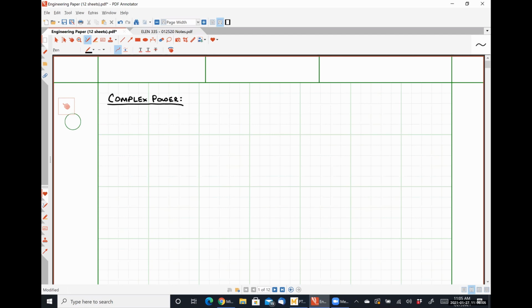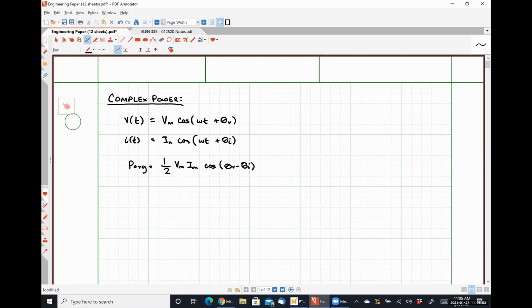You may recall that when we had an instantaneous voltage, v(t) equals Vm cosine(omega t plus theta v), and an instantaneous current value of Im cosine(omega t plus theta i), we found that the average power delivered to a generic load was 1/2 Vm Im cosine(theta v minus theta i).